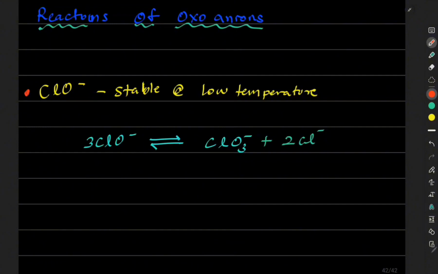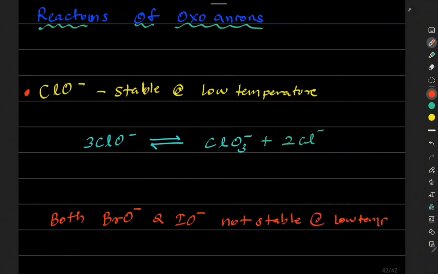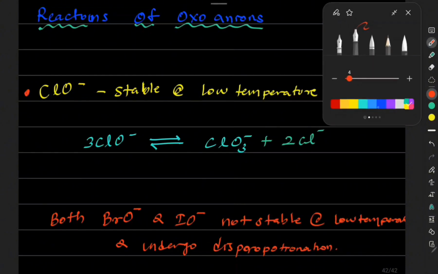However, both BrO minus and IO minus are not stable at low temperature, and they readily undergo disproportionation. And that is an important point.